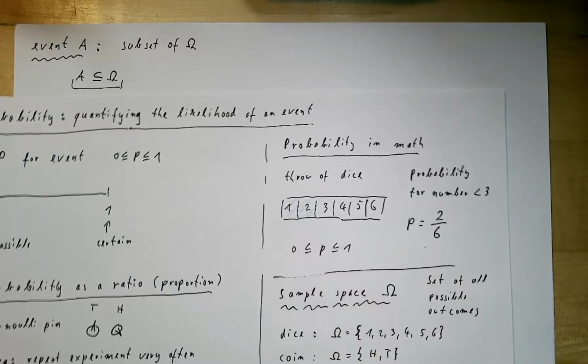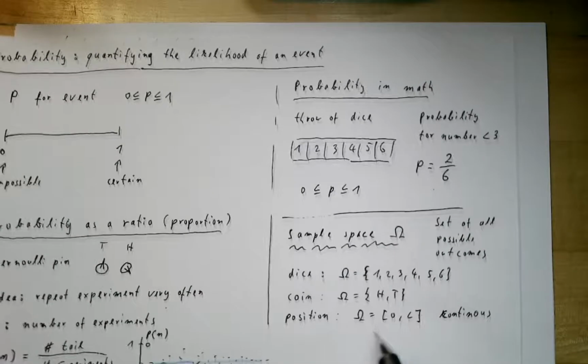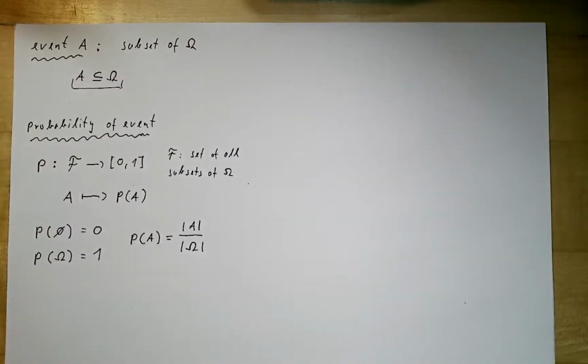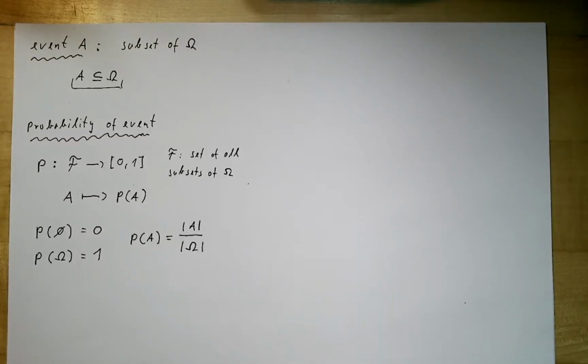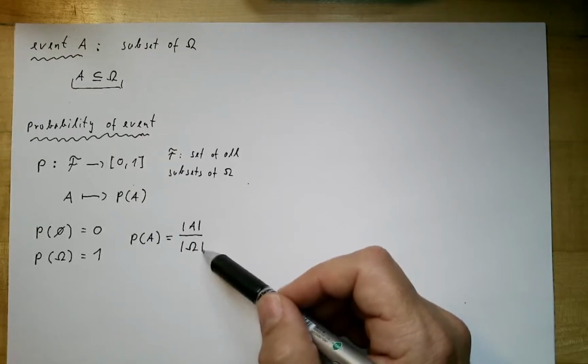And if it's continuous, it's just the area or volume of this continuous set. So in order to attribute a probability to an event, we just calculate sizes of sets and have a ratio.